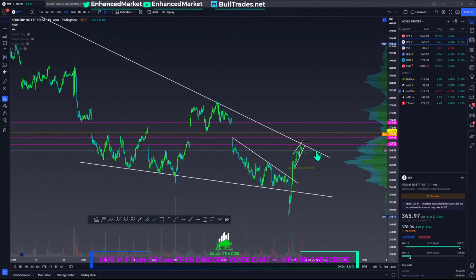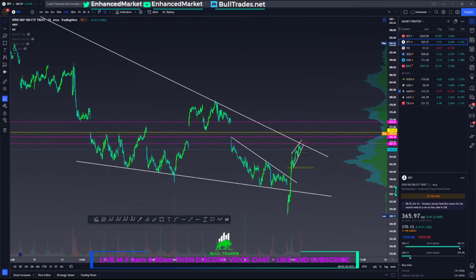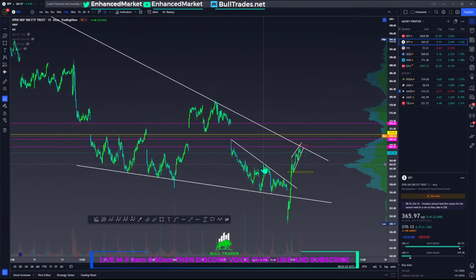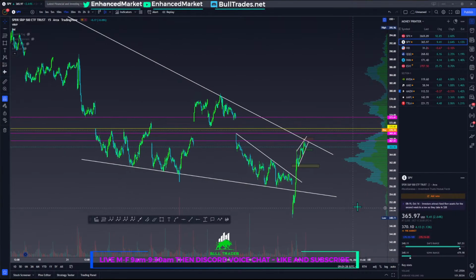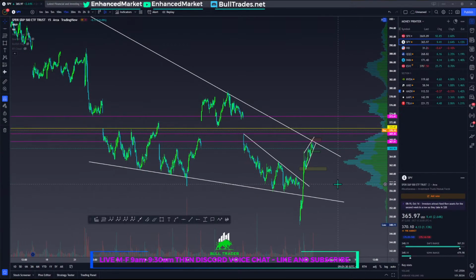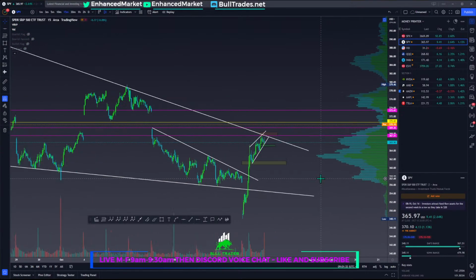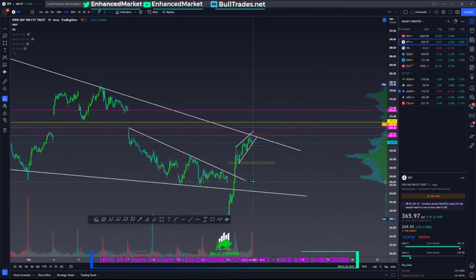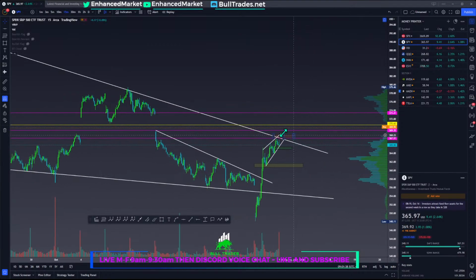There is a delay, about 20 to 30 seconds, but it is what it is. This is more for education as opposed to getting in and out of plays. I want to show you how I would trade and what I'm looking at here.